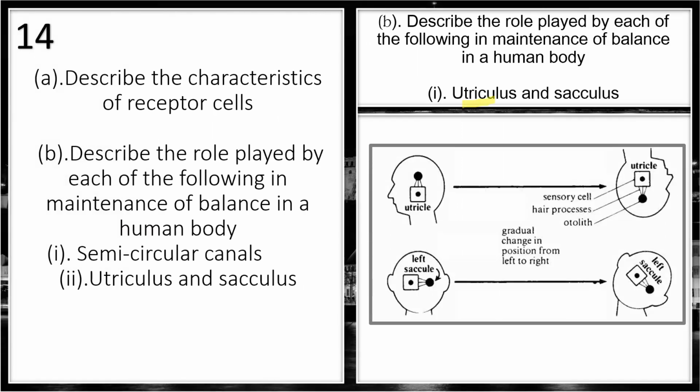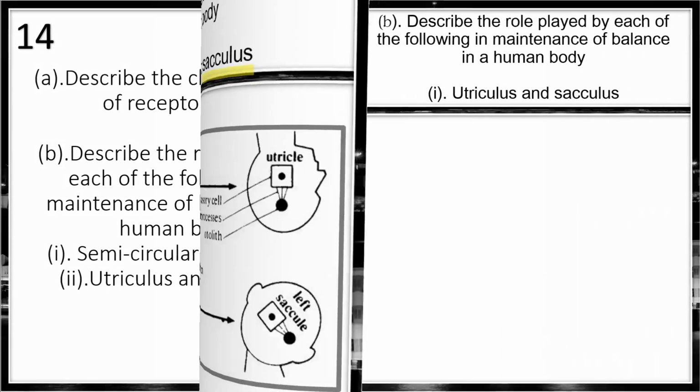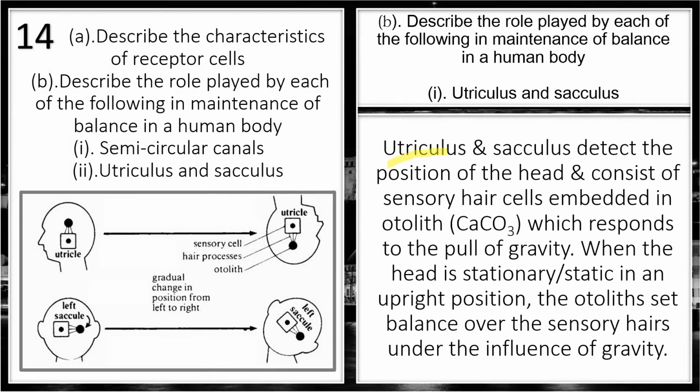Now let us look at the utricle and saccule. The utricle and saccule detect the position of the head, and they consist of sensory hairs embedded in the otolith, calcium carbonate, which responds to the pull of gravity. So let us first try to understand here.